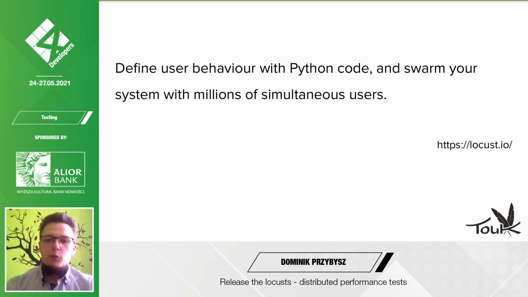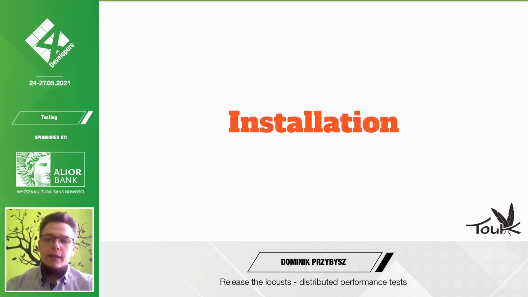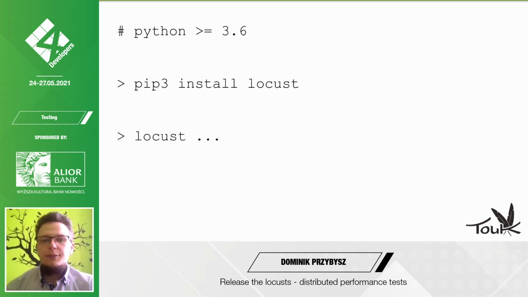To start working with Locust, first you need Python in version 3.6 or above. You can use the pip command to install Locust, as you do with any other Python dependency, and then the locust command will be available in your command line.